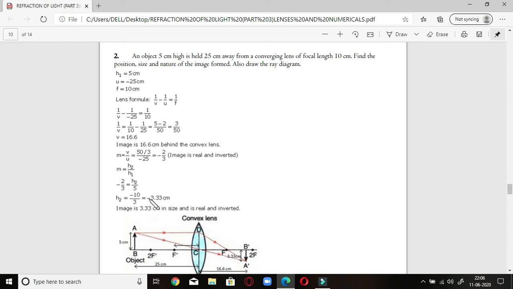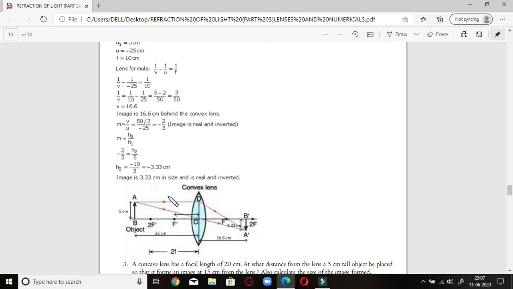The minus sign shows that it is a real and inverted image, whereas 3.33 centimeter is the size of the image as compared to the object. Now next is the ray diagram. We can easily make the ray diagram using all the parameters, that is 25 centimeter of object distance, and the focus.